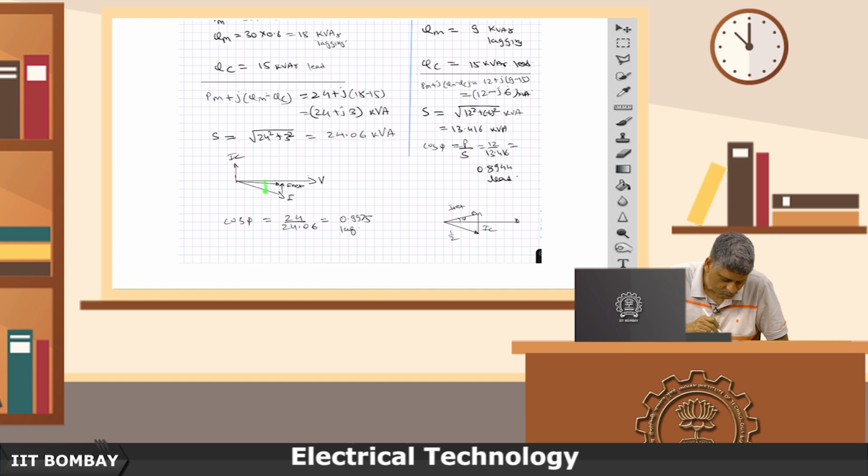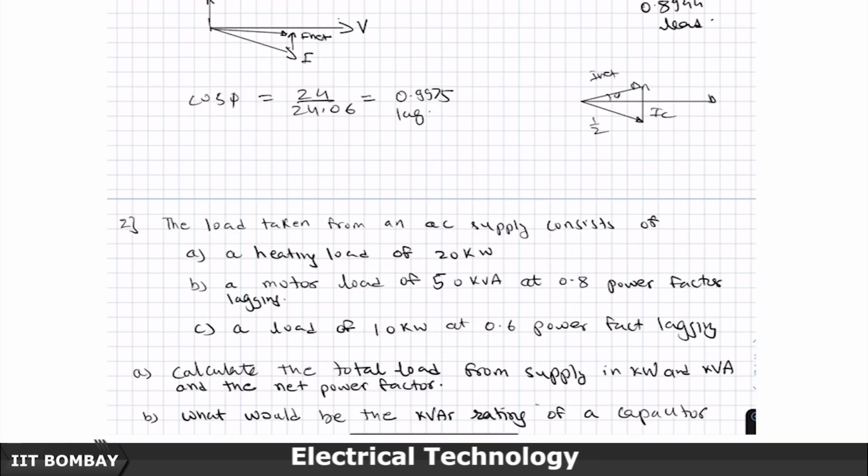See, this triangle has reduced by half, but this current compensation has remained the same. So, therefore, the power factor has become leading. So, assume this to be 230 volts, and I leave it to you to calculate the value of the current before and after, and therefore, all the phase angles have been calculated, to complete the remaining part of this, which is to sketch or draw the phasor diagram.